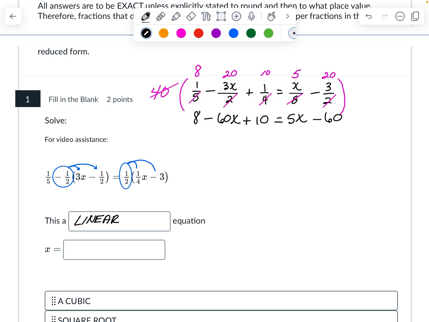Now life is better. So now I have negative 60x plus 18 equals 5x minus 60. Combine like terms, I have 65x's, and I have 78. And I have 78 over 65 equals x.